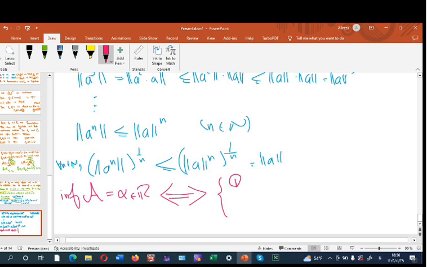One, for any x in the set, we have this property, or alpha is a lower bound for A, alpha is a lower bound, and 2.